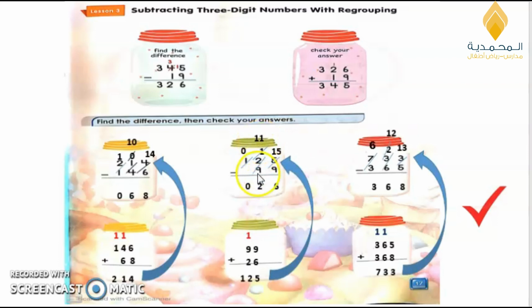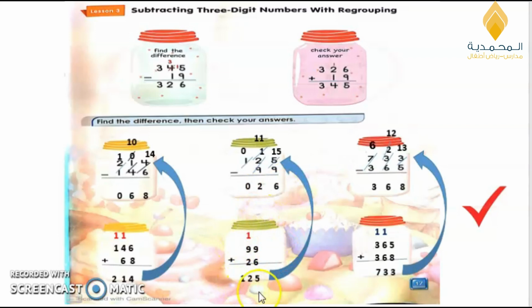And now we can take away 9 from the 11. Yes, because 11 minus 9 is 2. And 0 here. Okay, 0 minus 0 is 0. So the answer or the difference is 26. So how are we going to check our answer?